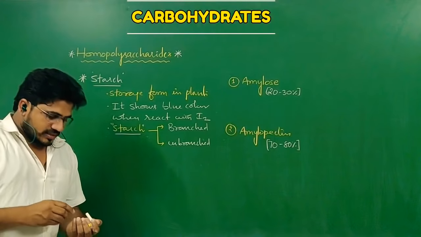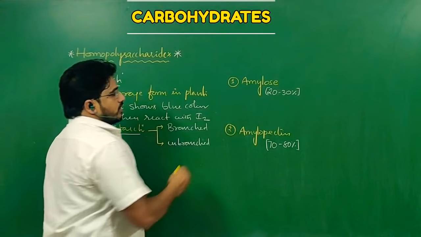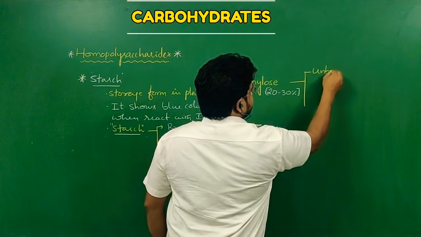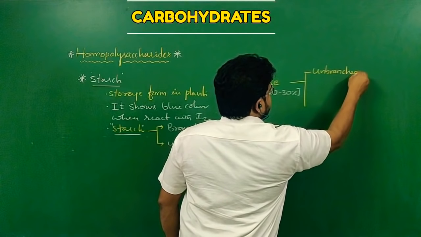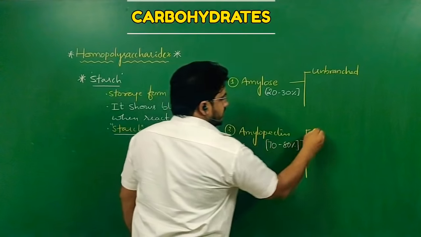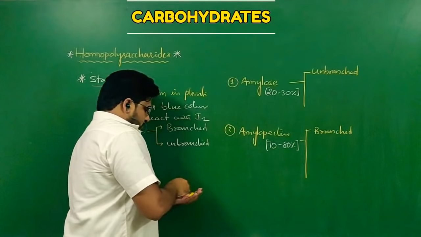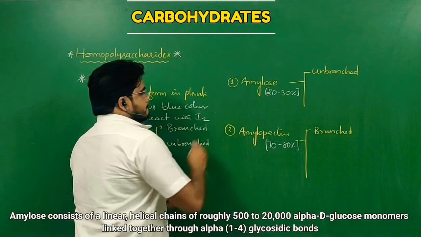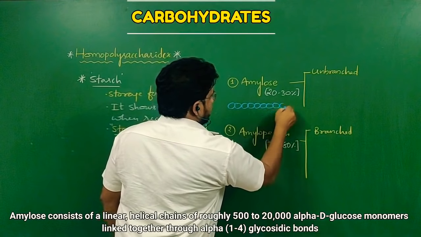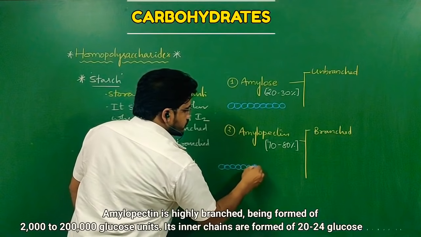Amylose differs from amylopectin in three characters. Number one, amylose is unbranched, whereas amylopectin is branched. If you see their structures, amylose is made up of glucose, and amylopectin is also made up of glucose.